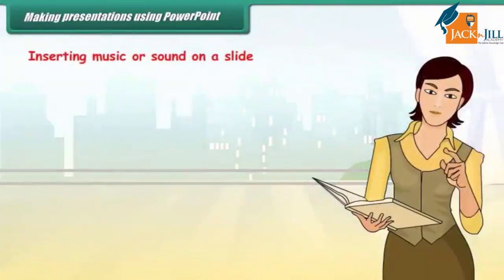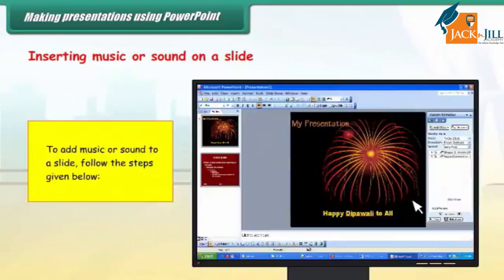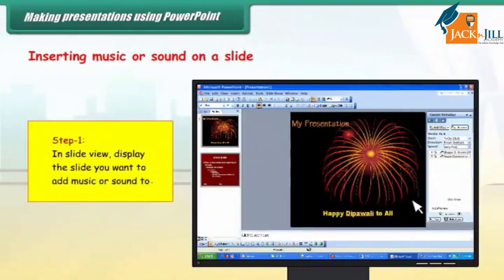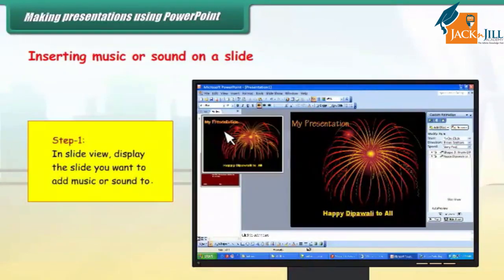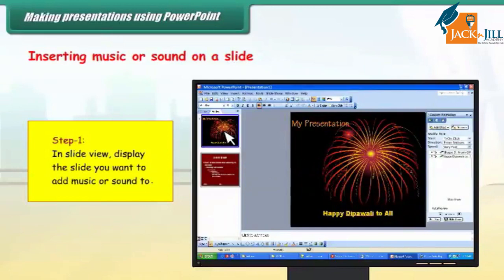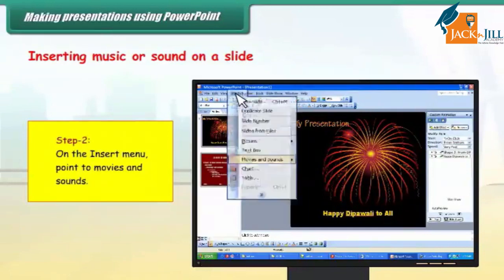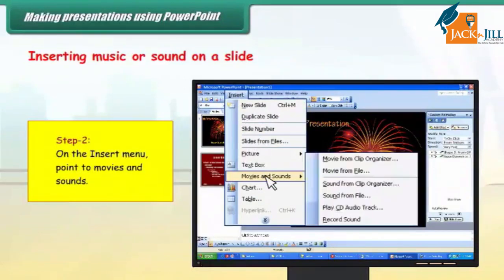Inserting music or sound on a slide. To add music or sound to a slide, follow the steps given below. Step 1. In Slide View, display the slide you want to add music or sound to. Step 2. On the Insert menu, point to Movies and Sounds. Step 3.